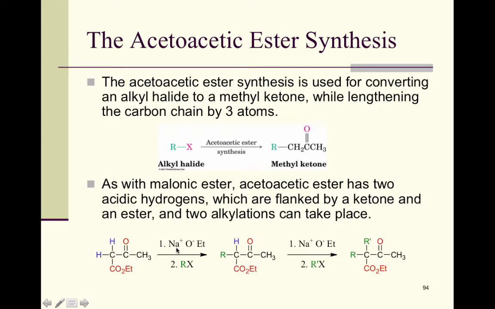This is a 2-step reaction where we have our sodium plus, our oxygen with the ethyl group. Coming in would be our R group that we want to add to that. The R group will be substituted where one of the acidic hydrogens was. We can actually have this happen with 2 alkylations, same set of conditions, and now we have those 2 R groups put where the acidic hydrogens were.